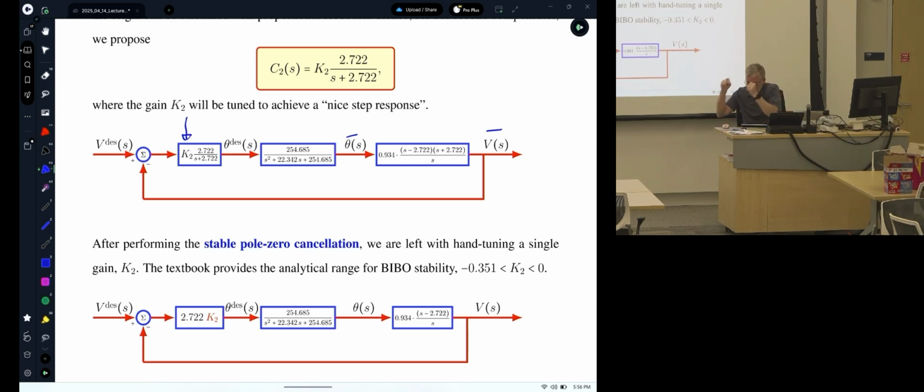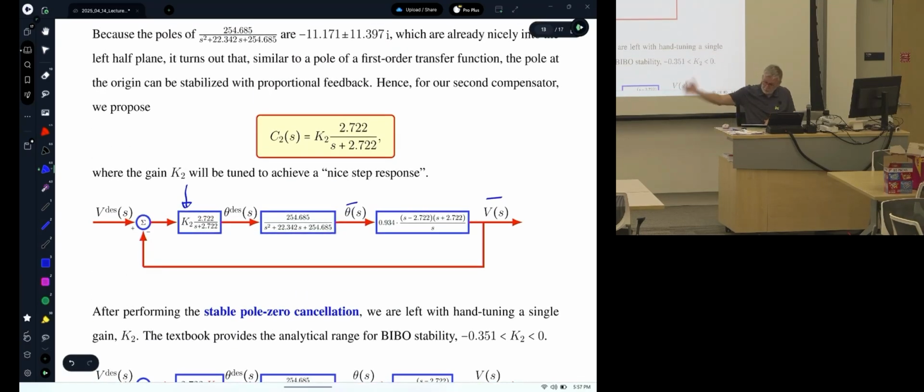The PD controller introduced a zero, we canceled it. Here, the natural dynamics has 1 zero in the right half plane, this one, that's unstable, and it has a stable zero, and we're going to cancel the stable zero with a stable pole. And now we have 1 gain left to tune.